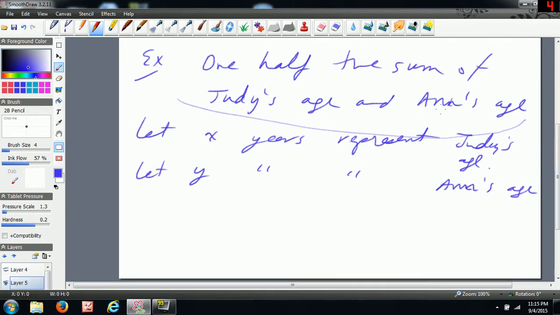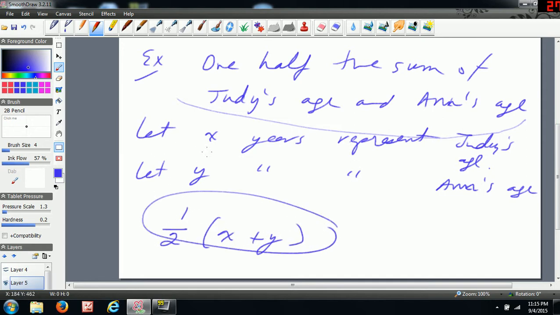Then 1/2 the sum of Judy's age and Anne's age could just be written as 1/2 times x plus y. Or we could have used J for Judy's age and A for Anne's age, and written 1/2 times A plus J. That would be fine as well. Either algebraic expression would work. You can use any variable to represent the expression.